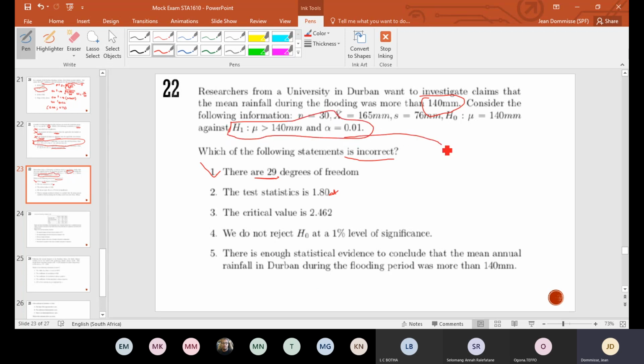Because we're looking for the incorrect one, let's quickly check. We do not reject the null hypothesis, we do reject.